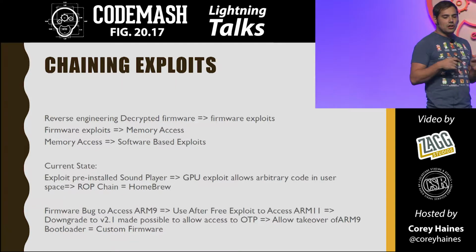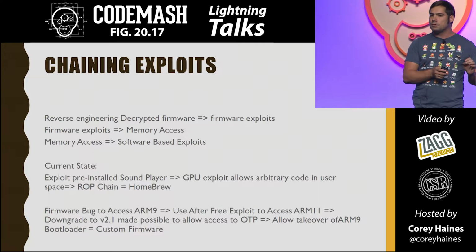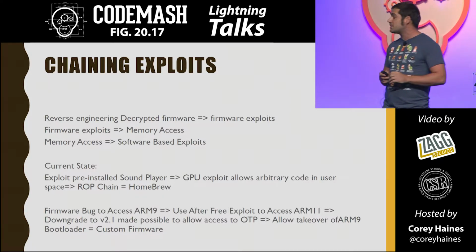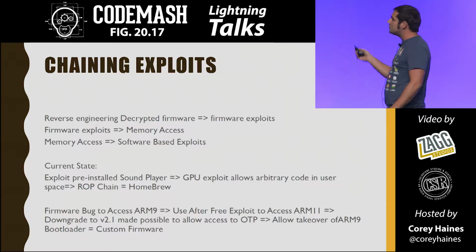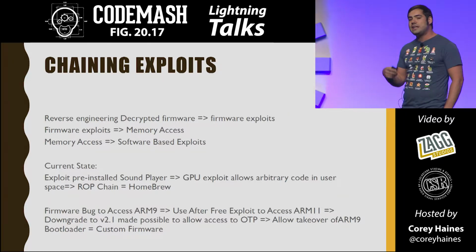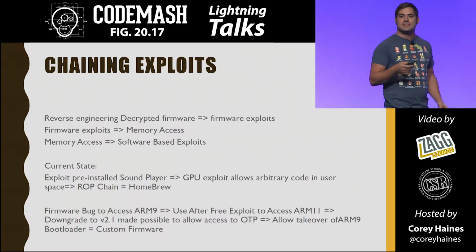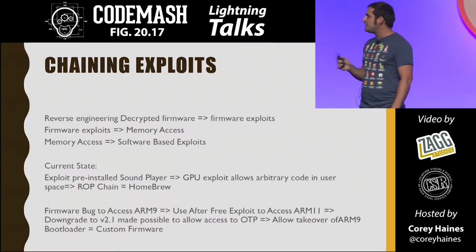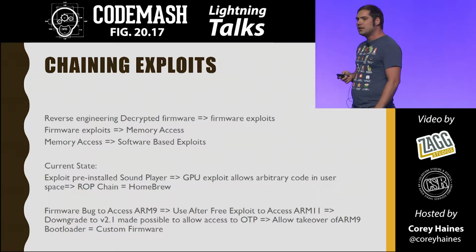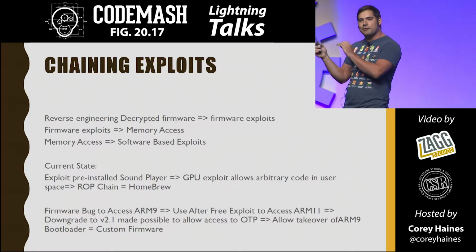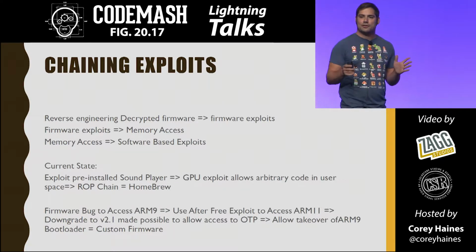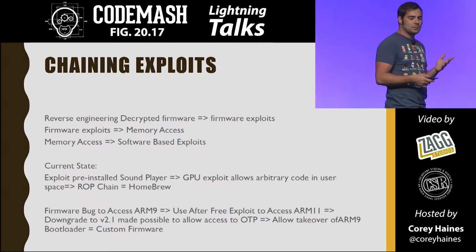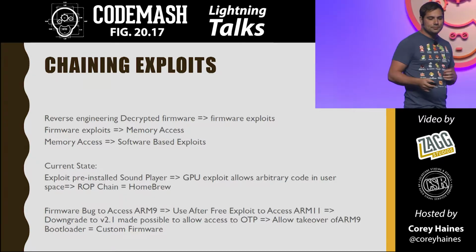And so if you look at the current state of getting Homebrew to execute on a Nintendo 3DS console, they actually went all the way down to looking at pre-installed software on these consoles, so the sound player on this device. A kid out of Carnegie Mellon decided to create a crafted M4A file that, regardless of firmware, will drop you into an executable shell, allow you to execute code.